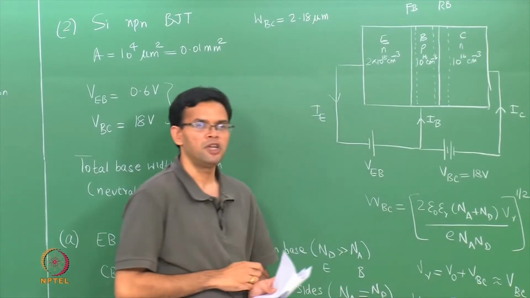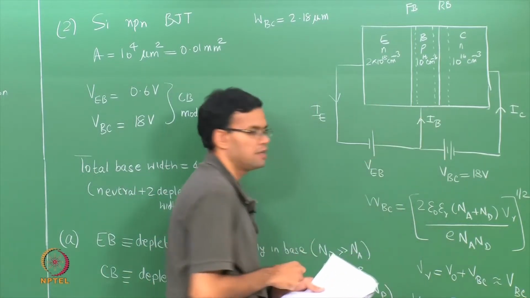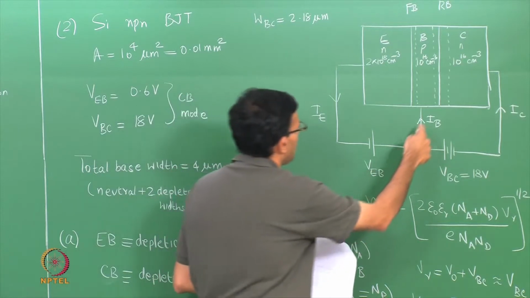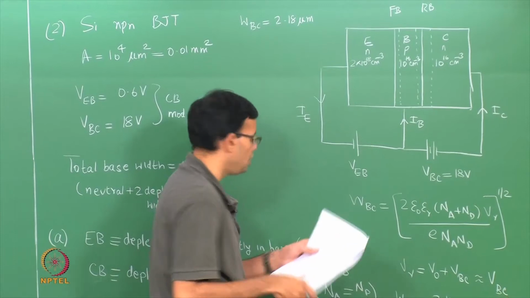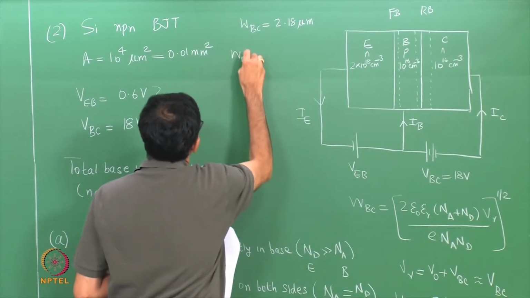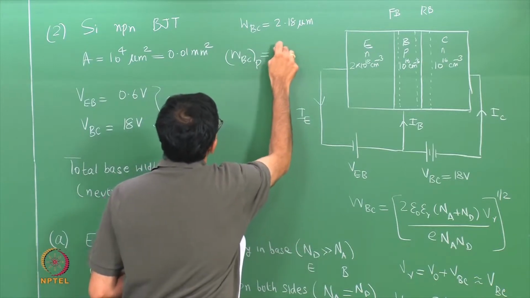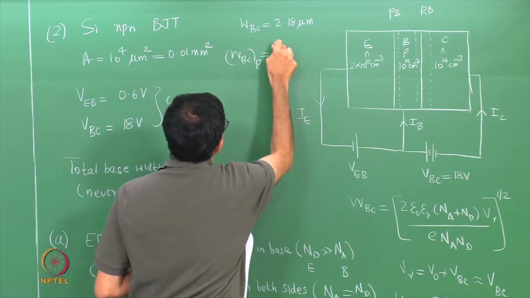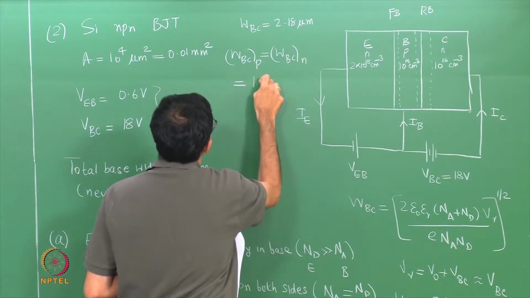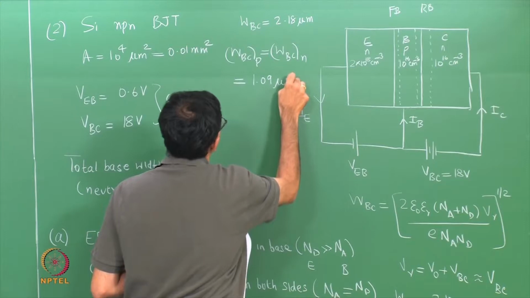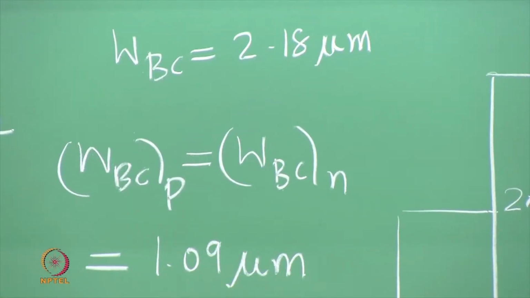So, WBC is the total width of the depletion region between the base and the collector, and this is equally shared between the base region and the collector region. Therefore, WBC on the p side, which is your base, is equal to WBC on the n side, which is your collector, is equal to half of 2.18 or 1.09 micrometers.